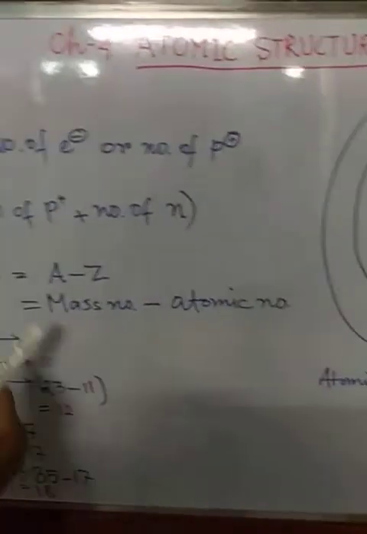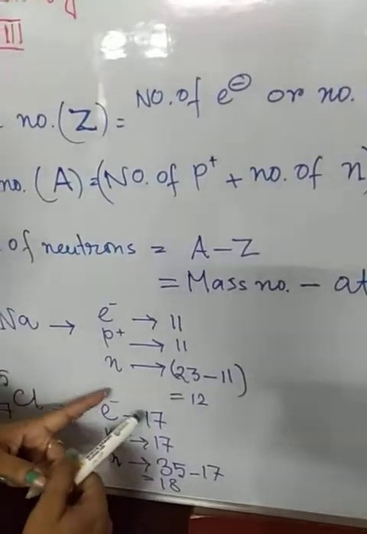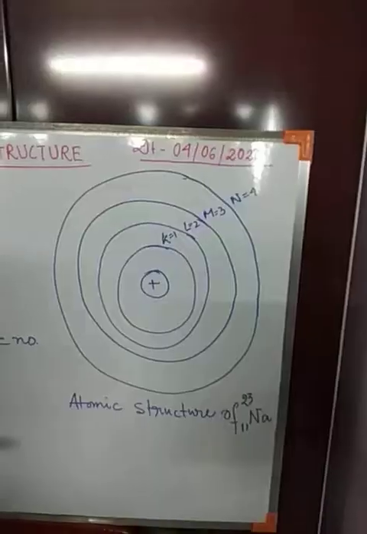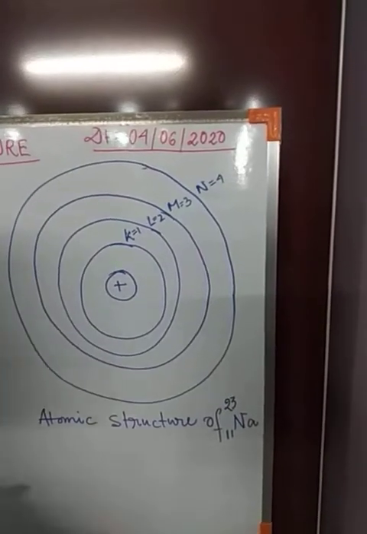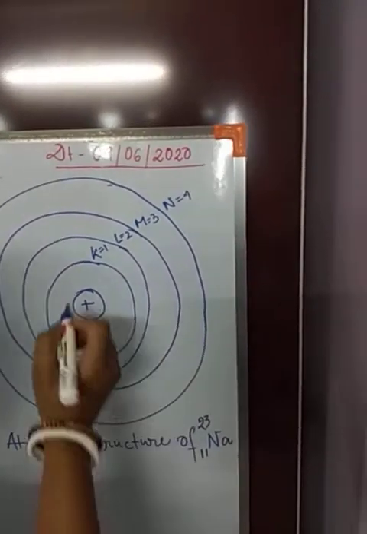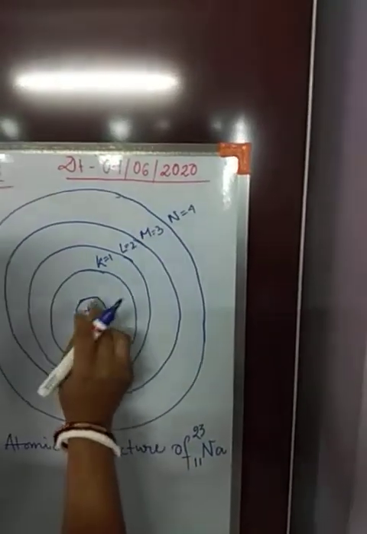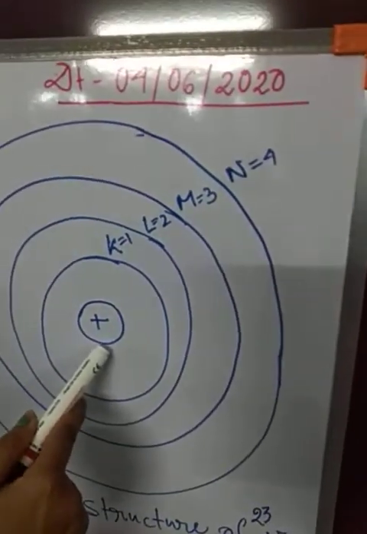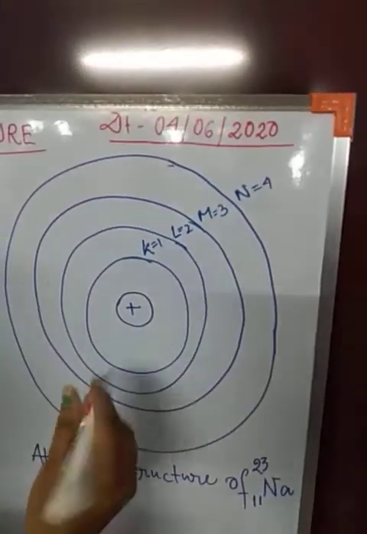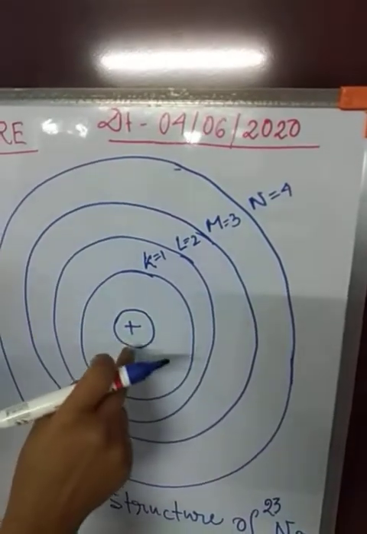Now that we know the number of subatomic particles, let us come to the structure of sodium. If we try to draw the structure of an atom, as we have seen in our last class, at the center of an atom there is the nucleus.